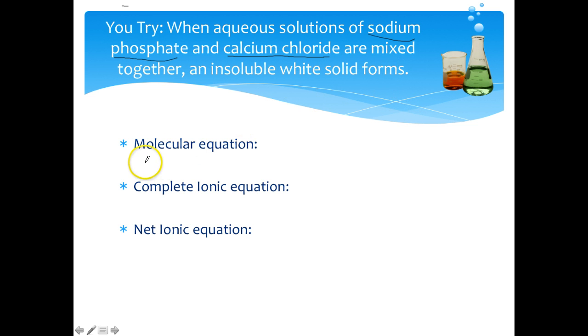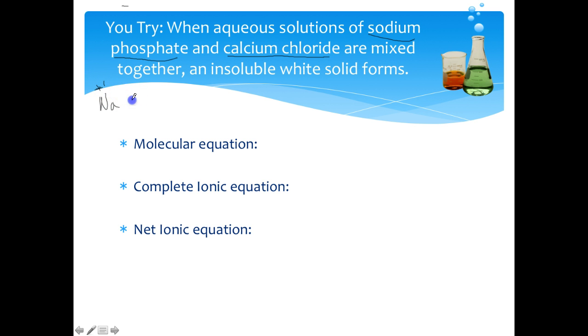For my molecular equation, I'm just going to do what I always do. I'm going to come up here and write my formulas so I can have a nice neat equation down below for you to see. Sodium is Na, and it has a charge of +1.